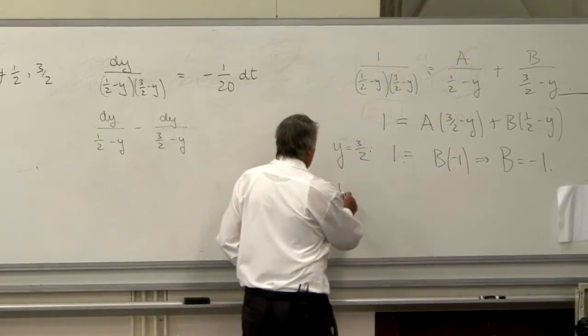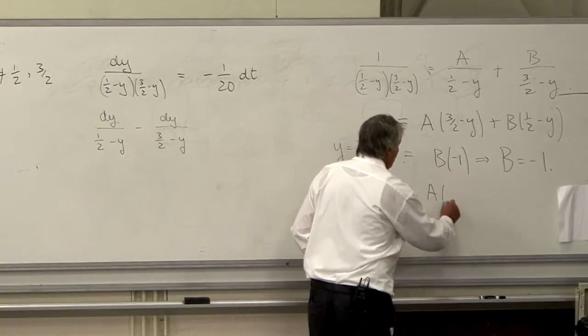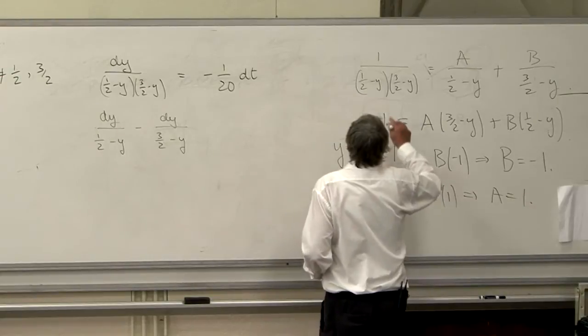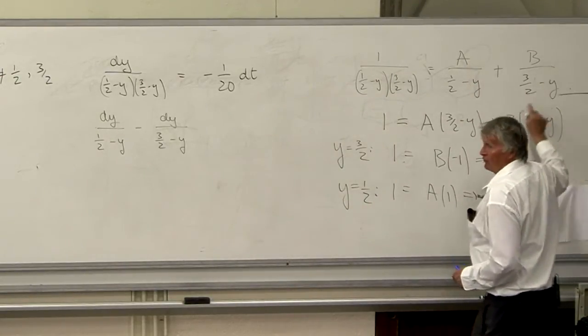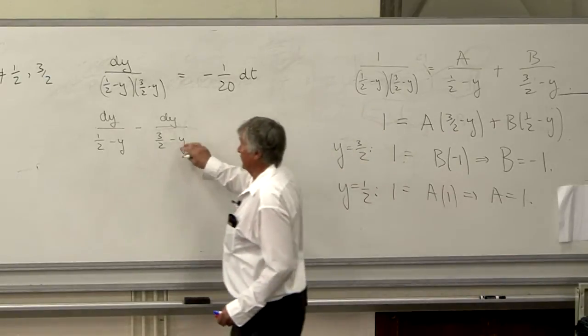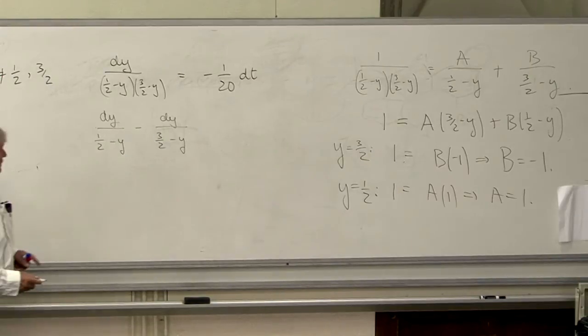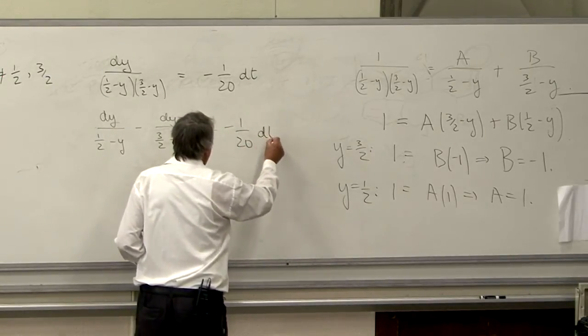At y equals a half, 1 equals a times 1. So that implies a equals 1. So this is 1 over this minus 1 over that, which is what we have written here. Okay? And this is equal to minus 1 over 20 dt.